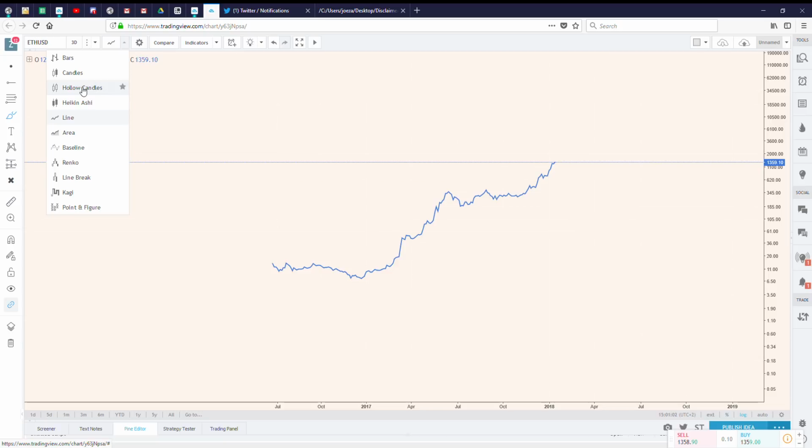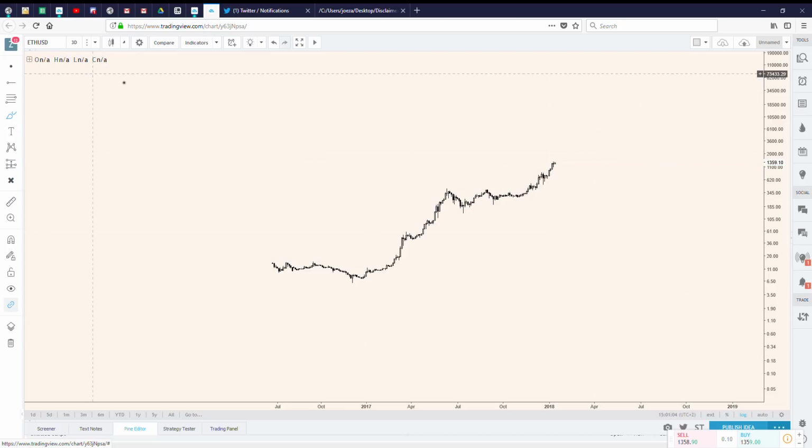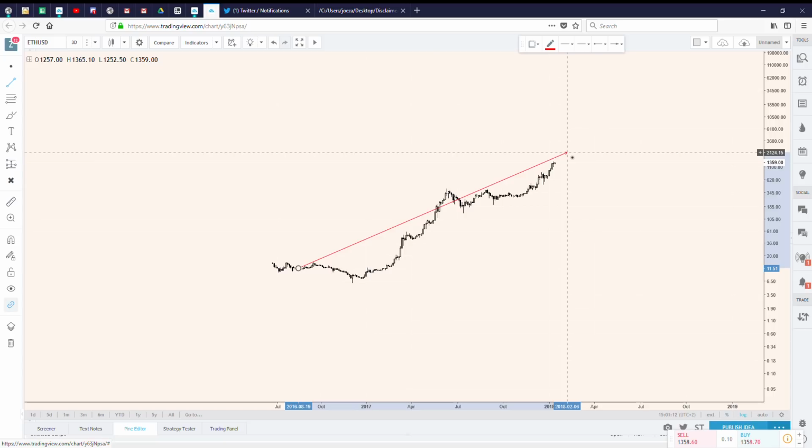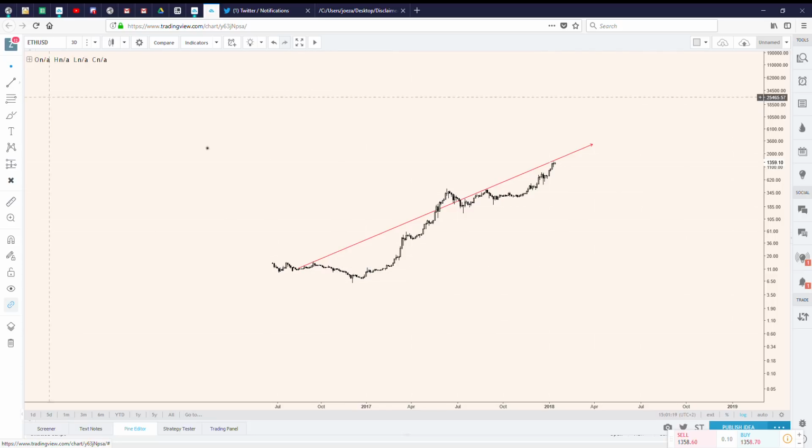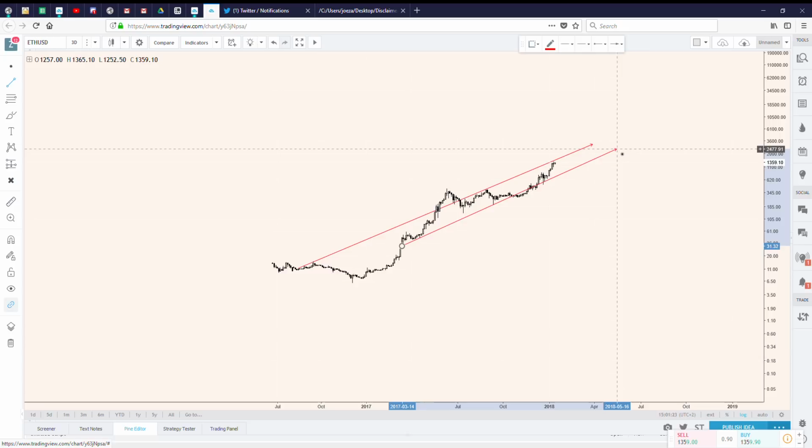So what I like doing is setting up my channels with the trend lines, and I'm going to show you which channel I'm looking at. Now I'm looking at something like this, with the bottom channel somewhere like this.